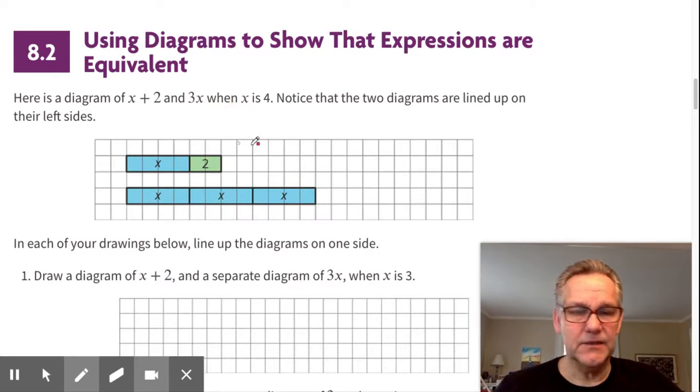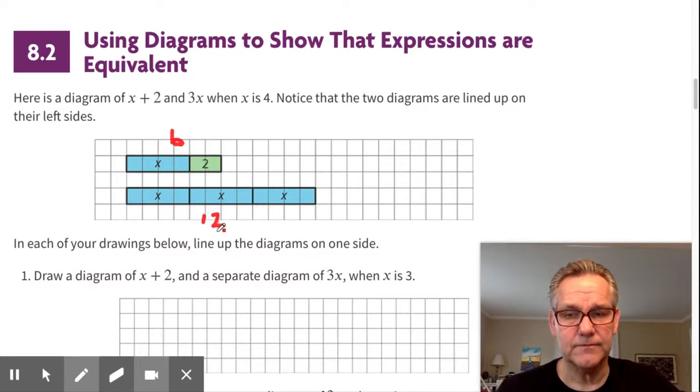And it says these diagrams reflect x plus 2 and 3 times x, or 3x, when x is 4. And indeed, we could check to make sure they did that correctly. There's 1, 2, 3, 4. Sure. And there's 3 sections of 4. And of course, this is a model of 6, and this is a model of 12.